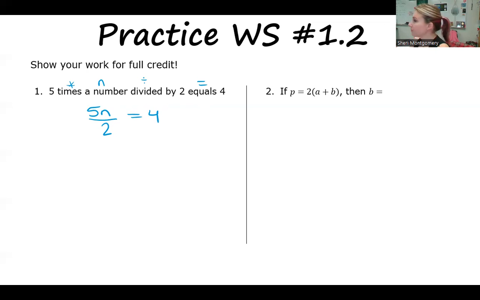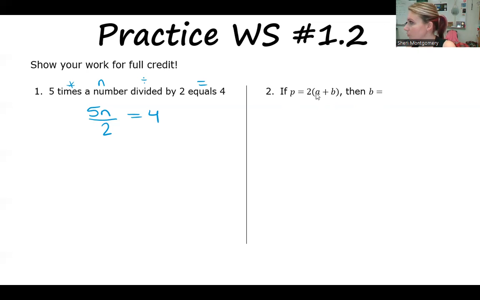Question number 2. It says, if P is equal to 2 times A plus B, then B equals. That's just a fancy way of saying, for this problem, just make it B equals. We're going to make it B equals. So right now, when we look at it, it's P equals.